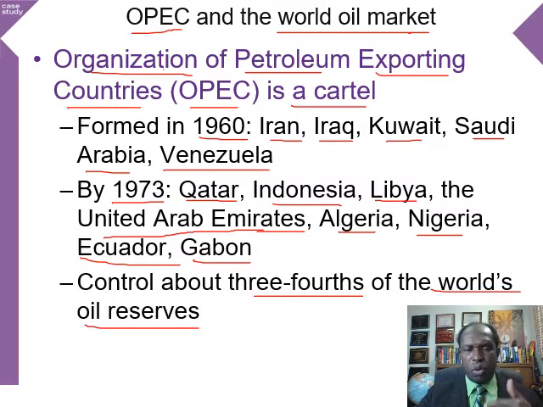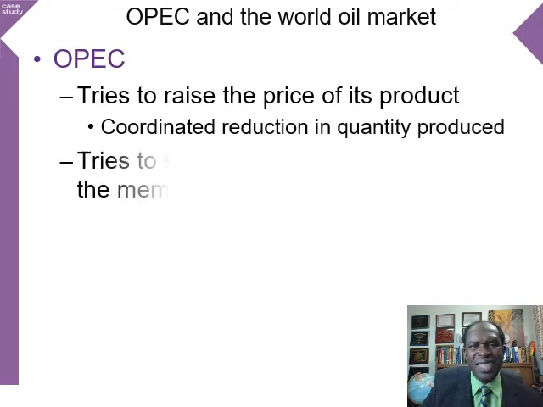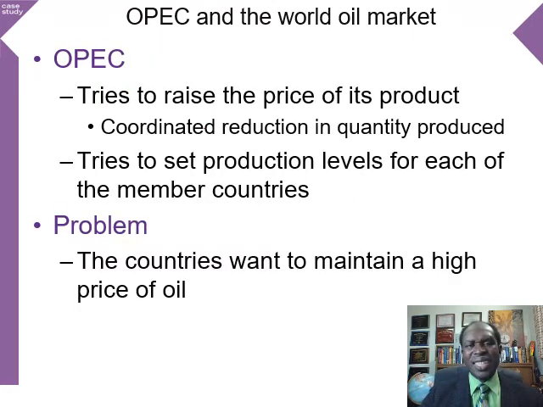By cutting the supply, they can increase the price of oil in the world. OPEC tried to raise the price of its product, which is oil, by coordinating a reduction in the quantity produced.